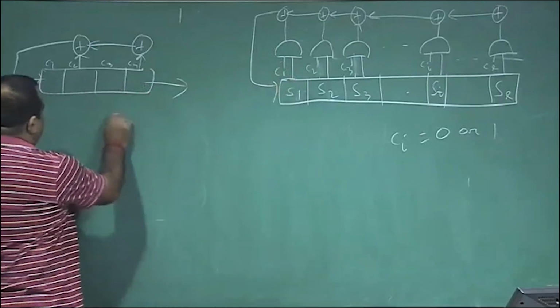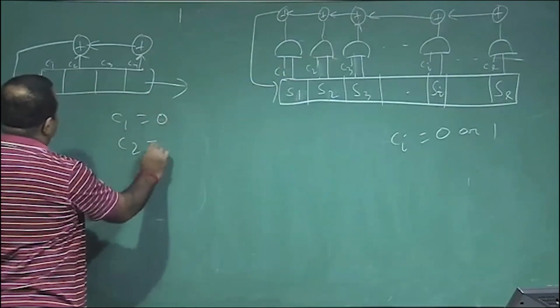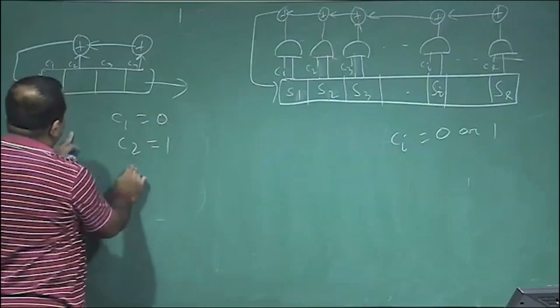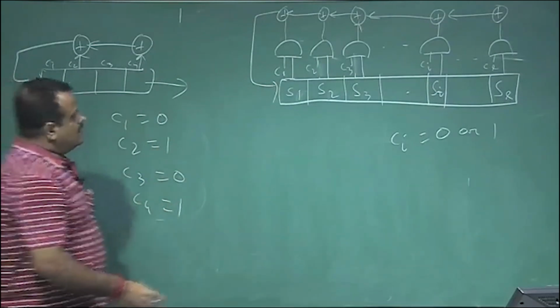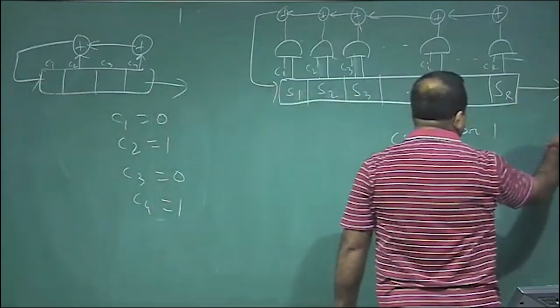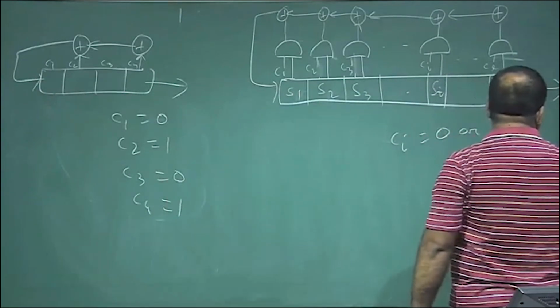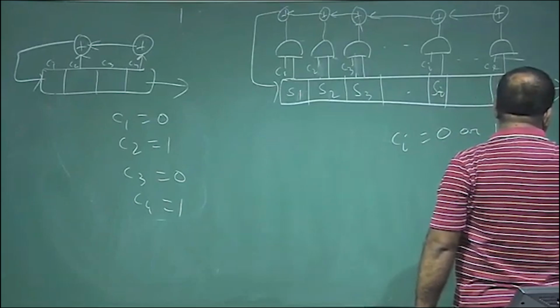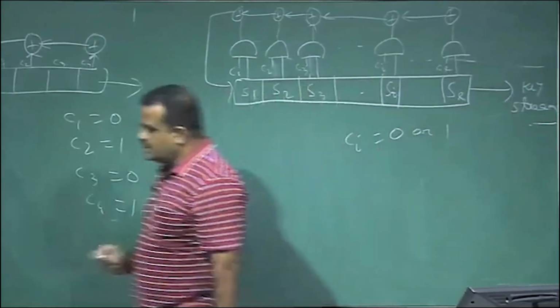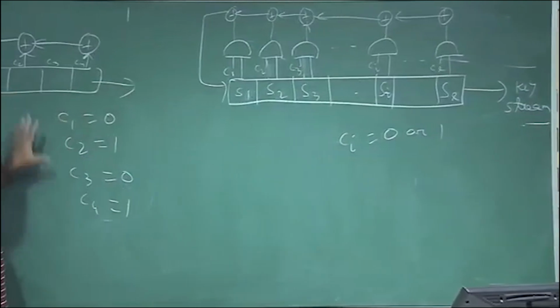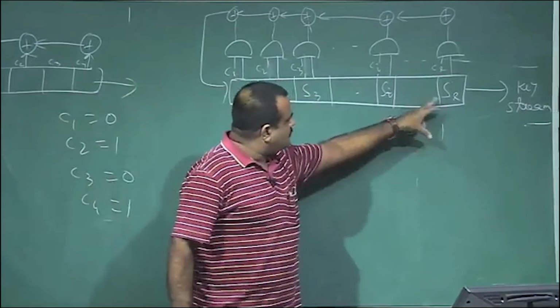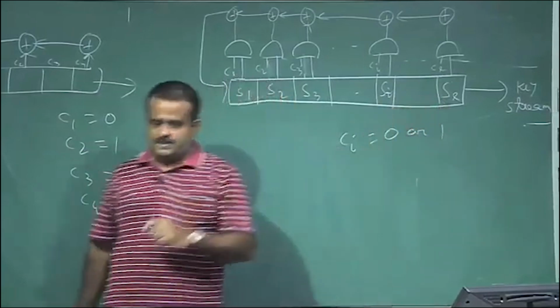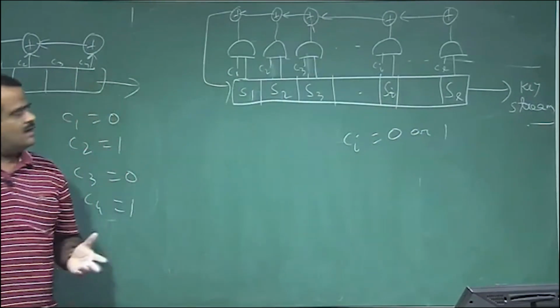So, here C1 is 0, C2 is 1, C3 is 0 and C4 is 1, and here we have the key stream. So, this is one example. If Ci is 1, then that corresponding field is contributing in the feedback, otherwise it is not.